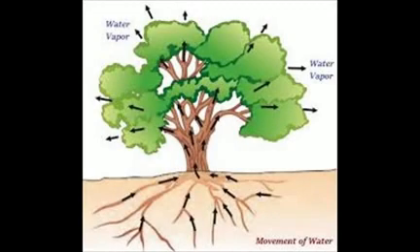Now last point of this chapter, that is excretion in plants. Elimination of waste products is a basic property of all the living organisms. All the living organisms perform excretion, or simply you can say elimination of waste products from their body.